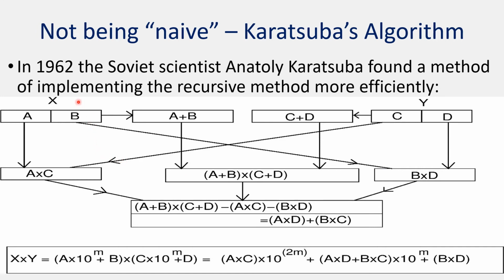We take our two numbers, x and y. We divide those up into two equal length parts, exactly as we did when we were trying to find a better recursive algorithm in the first place. So the first thing we do, we multiply this part by this part, and this gives us this term here.